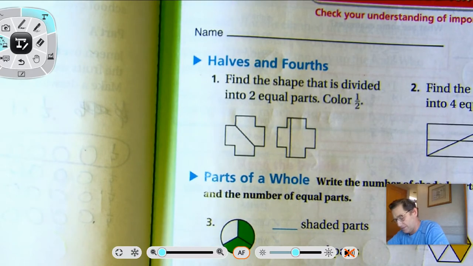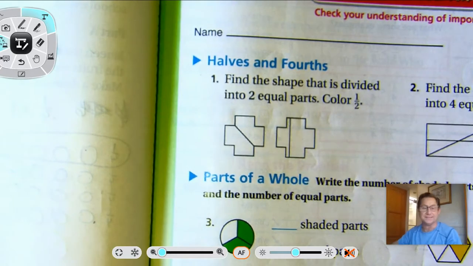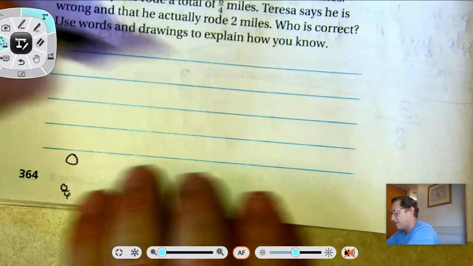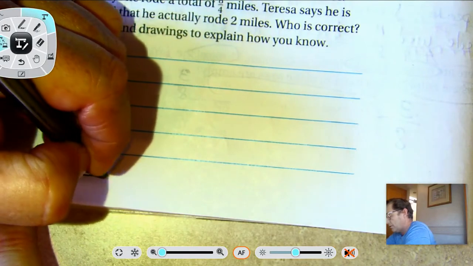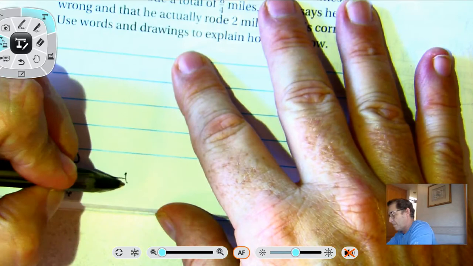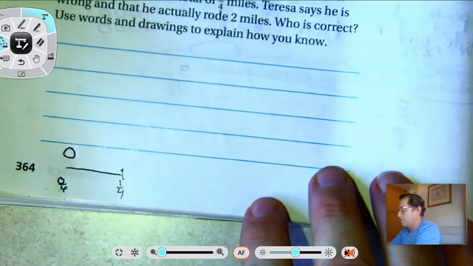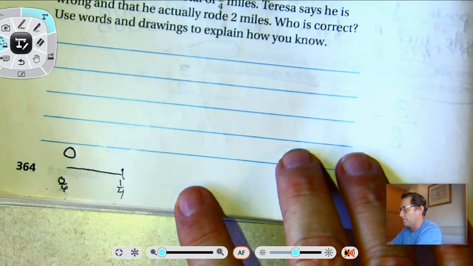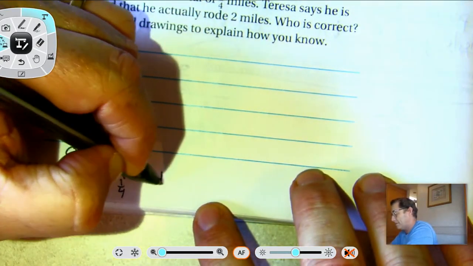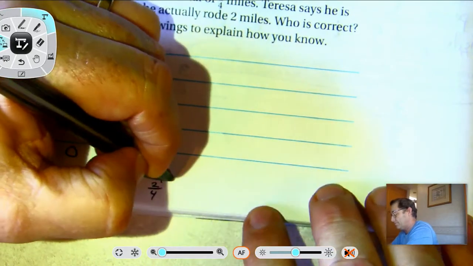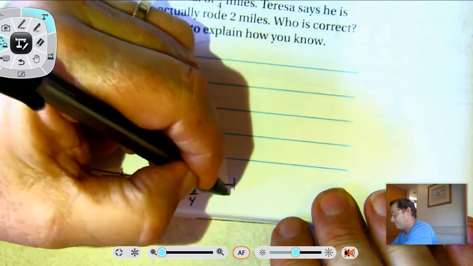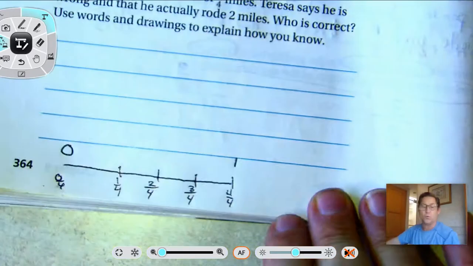And we know it's broken into 1/4 pieces. Okay. So Angelo rode around a 1/4 mile long trail. He did it 8 times. So that's 1, 2, 3, 4/4, which is 1.